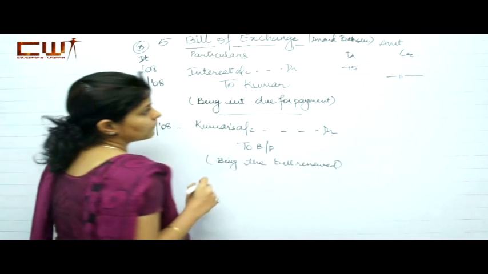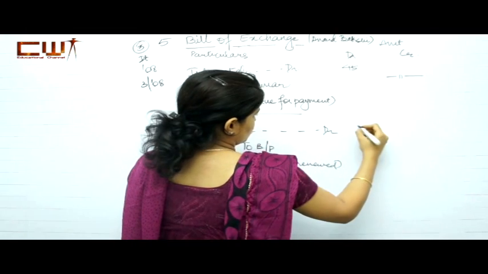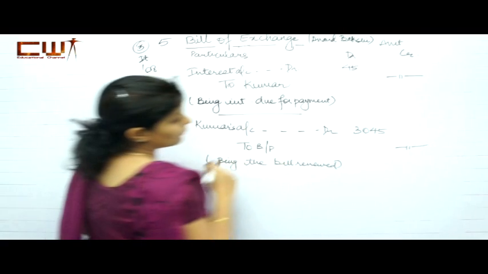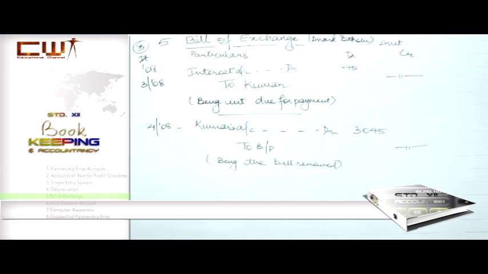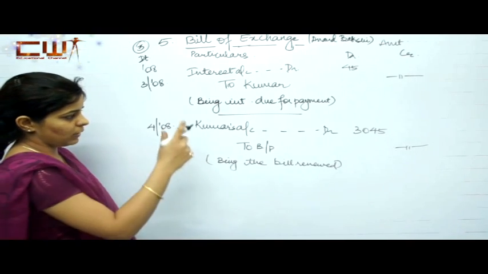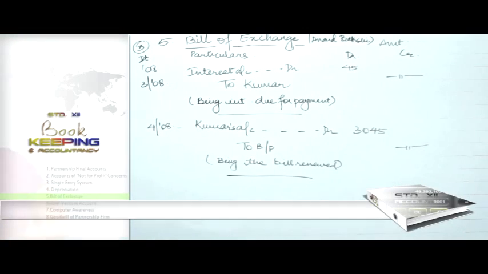With how much amount? 3045. Right? Because of 4000, 1000 has been paid in cash, 45 interest you have made due, and you have drawn a new bill of 3045.